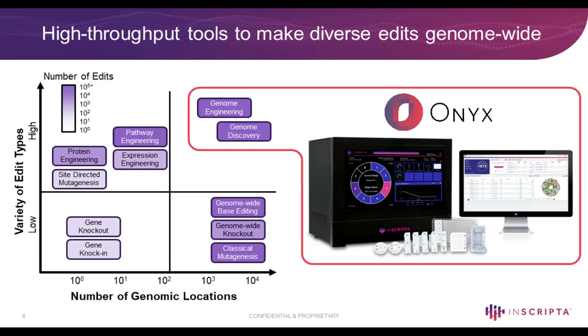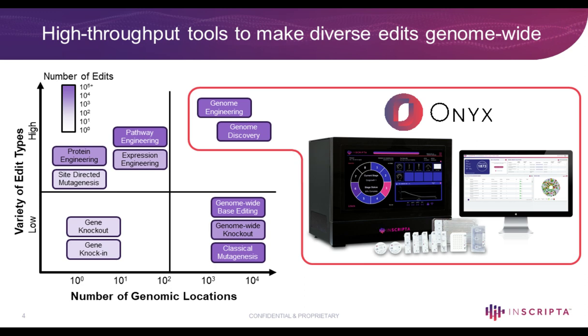Historically, the way that mutations have played out in molecular biology is that you can split this apart into two different axes. You can edit a small number of genomic locations, for example, do gene knock-ins or knockouts, and then do subsequent protein engineering at certain locations.